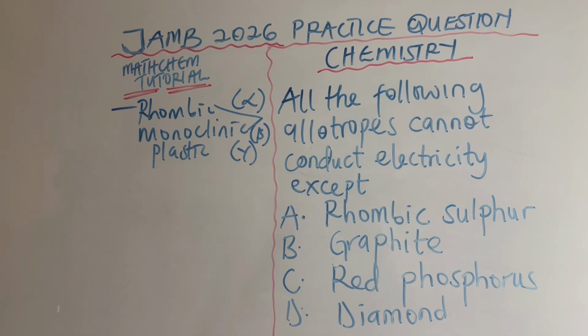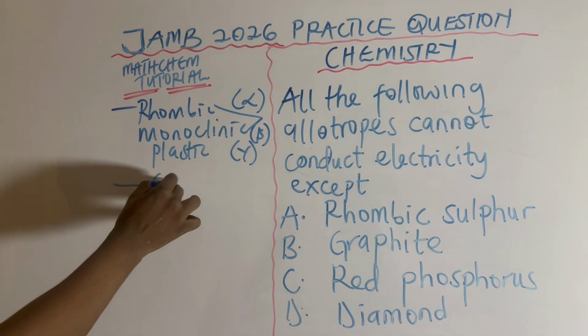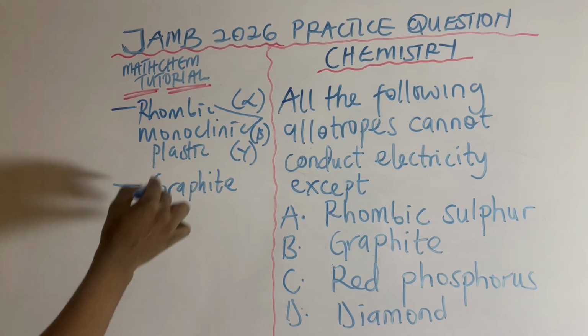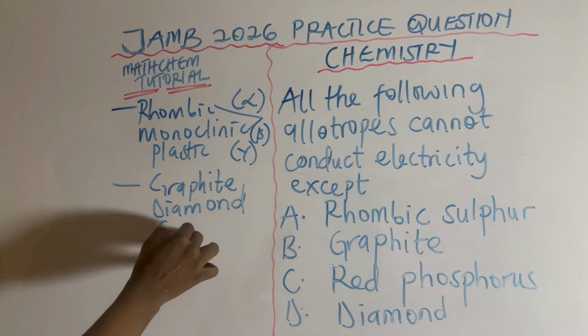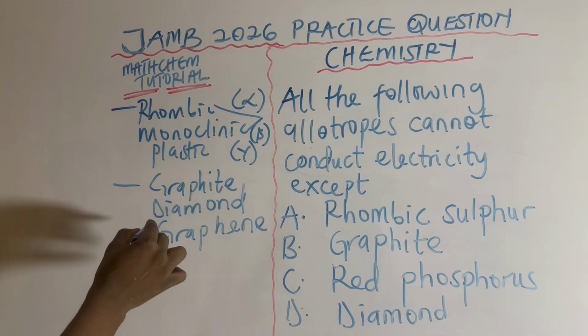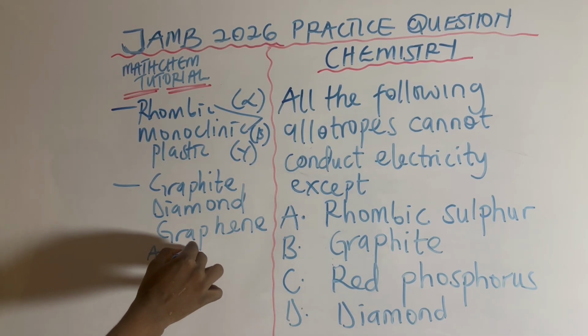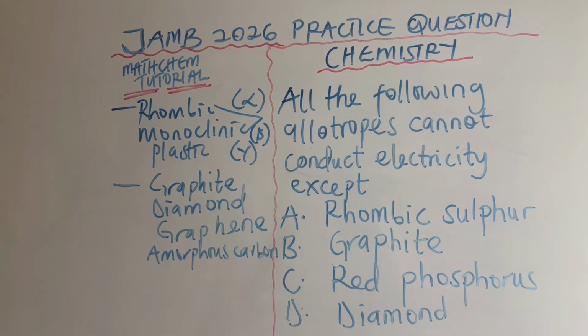Now let's move to graphite. Graphite is an allotrope of what? Of carbon. Now let's look at the allotropes of carbon. The first one is graphite, then we have diamond, then graphene, then amorphous carbon, and then fullerene.